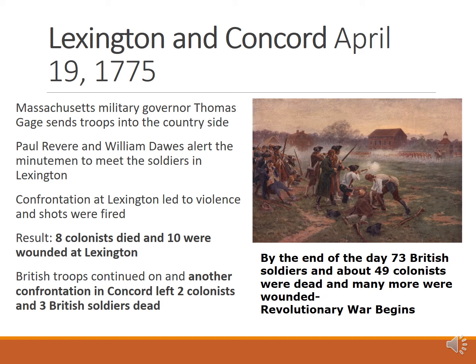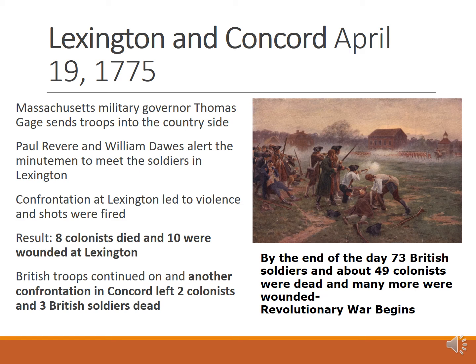Again, remember going back to the committees of correspondence, the colonists were very organized in their communication networks. And so this alarm system gets set off to warn the people in both Lexington and Concord, because Lexington is a town on the way to Concord, that the British are going to be coming out into the countryside.